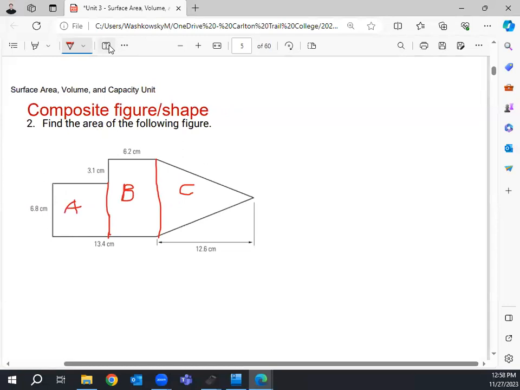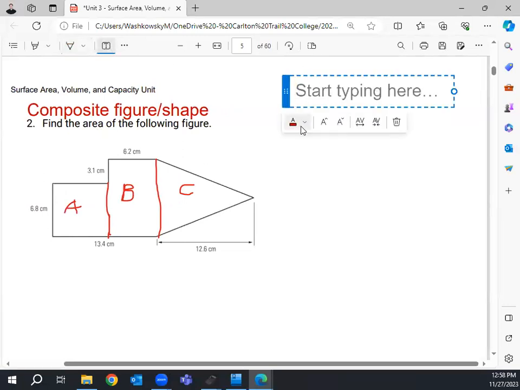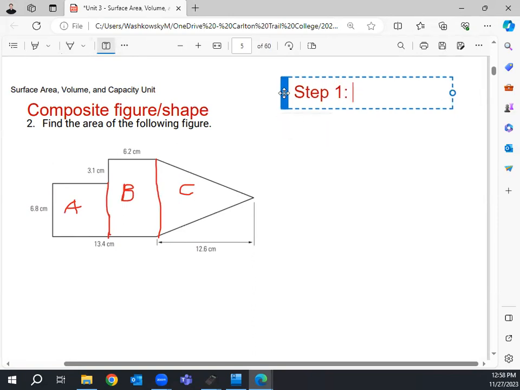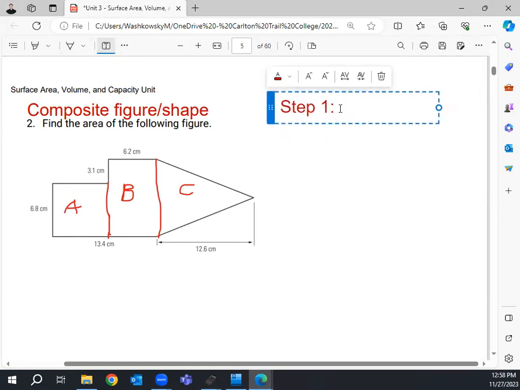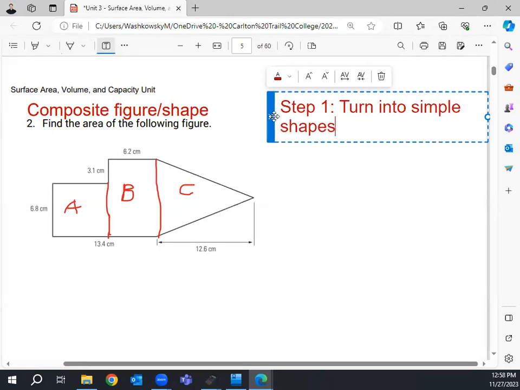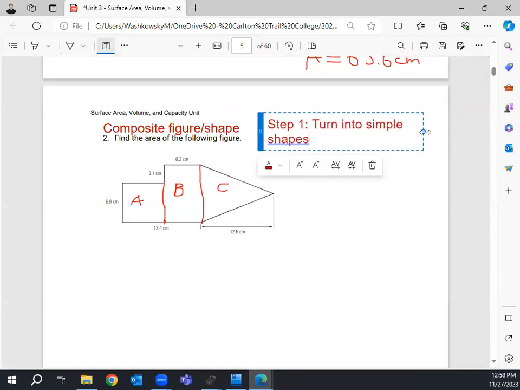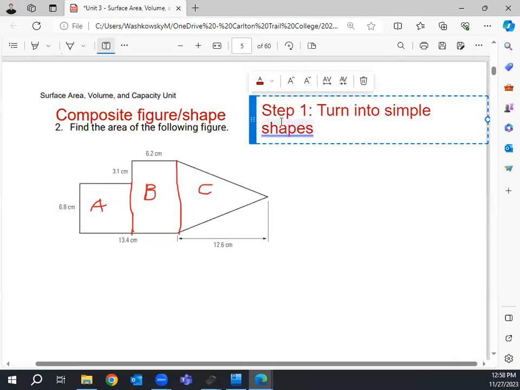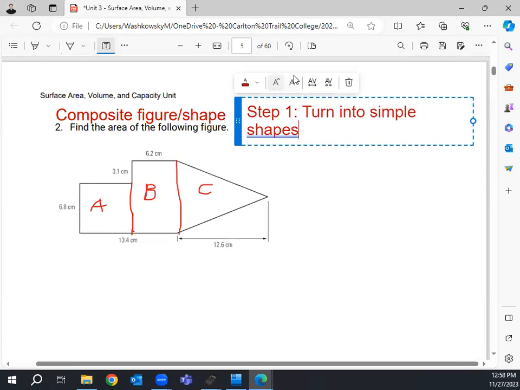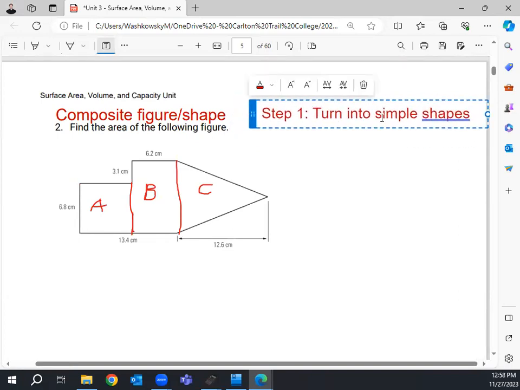So when I have a composite figure and shape, there's a set of steps I need to follow. Step 1 is what we just did: turn it into simple shapes. So my step 1 is I'm just going to turn my composite object into simple shapes. I have done that. My second step is label each shape.